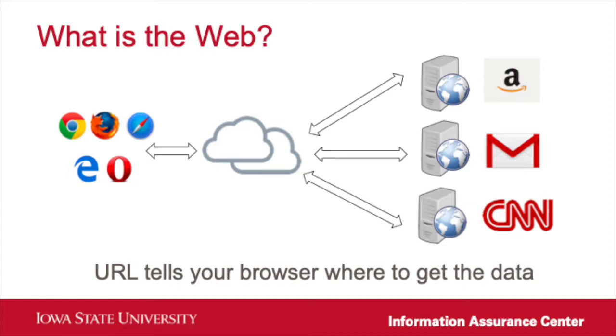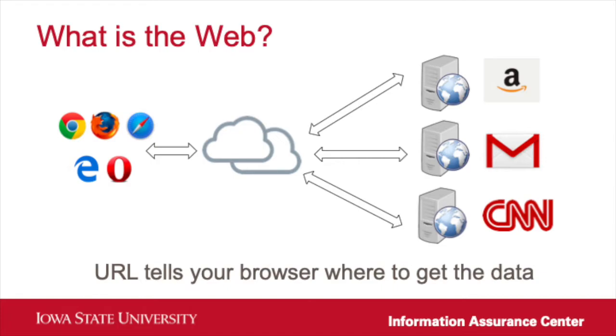So, what is the World Wide Web? Well, the World Wide Web is actually made up of a couple of pieces. The piece that we're all familiar with is the browser, the piece of software that runs on your mobile device, runs on your computer, names like Chrome, Safari, Firefox, and others. This piece of software is designed to interact with web servers.